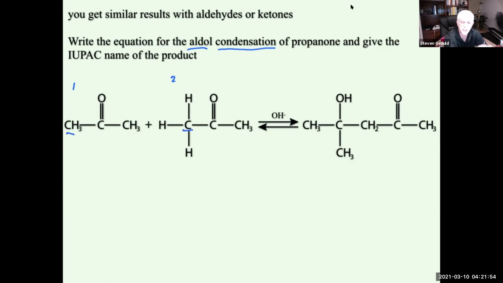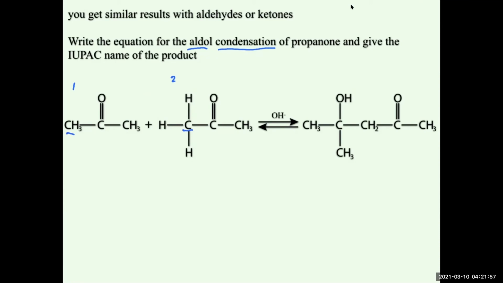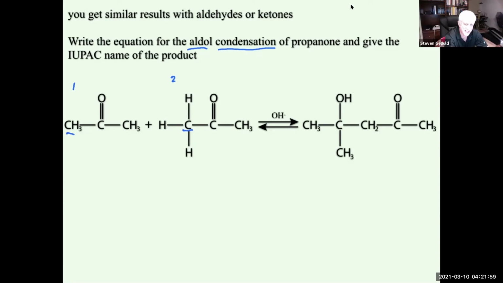So in aldol condensation, you take the alpha carbon of the second molecule. You take that hydrogen, and it transfers and connects to the O of the first one. That kicks this double bond, the electrons from it down to here, and those electrons attract the carbon we lost a hydrogen from to make a bond.